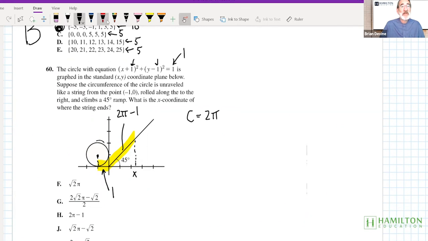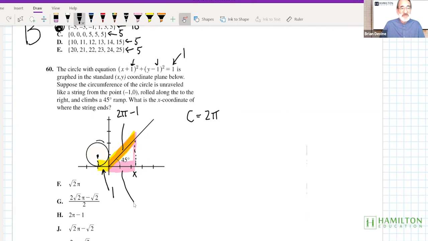Now, note that this triangle right here is an isosceles right triangle with a hypotenuse of 2 pi minus 1.